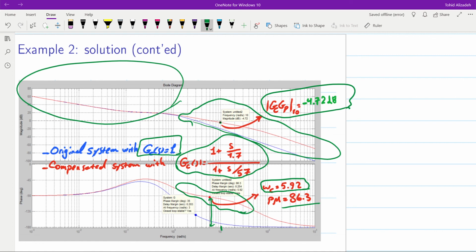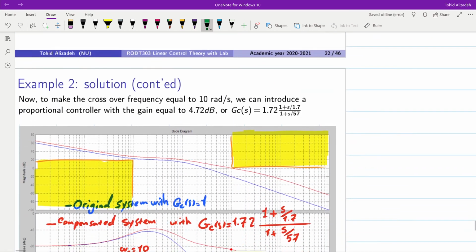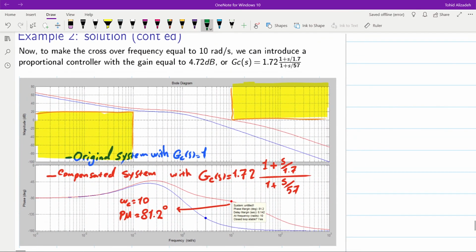So we need to introduce a proportional controller with 4.72 decibels to move the amplitude plot upwards, and then omega C will become equal to 10. And when that happens, the phase margin will be equal to 86 degrees, omega C will be equal to 10. We will be happy with both, and then the other requirements will be also okay. So the proportional gain that we need to introduce is 1.72, which gives us the 4.72 decibels.